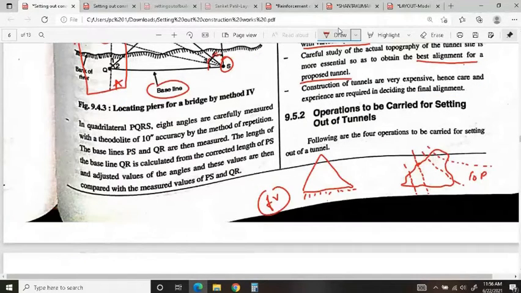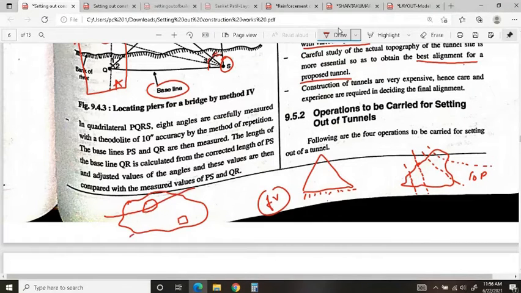For example, say this is your village. Here I have one lake or pond. Here there is one temple. So I can't take my road here, or I can't take the road nearer to this temple. So what I will do, I will study all the topographical map.